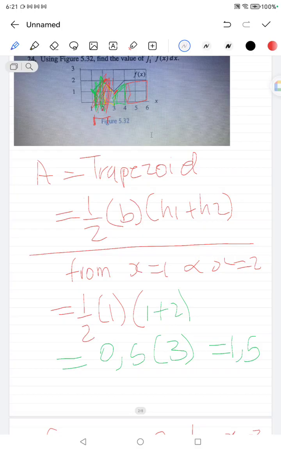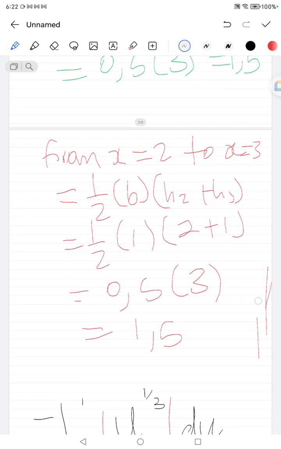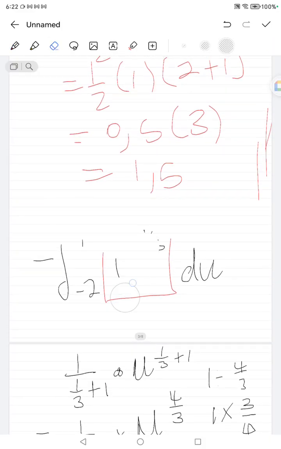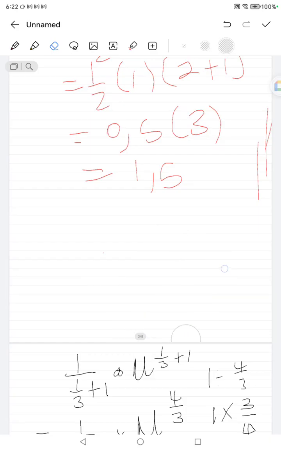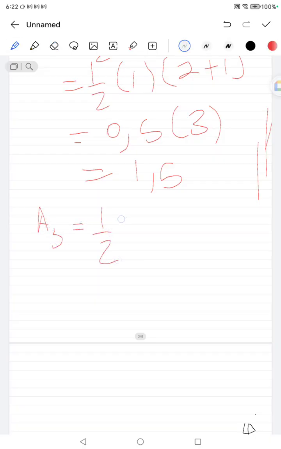Then now you move to this last one. Let me just quickly write the region.